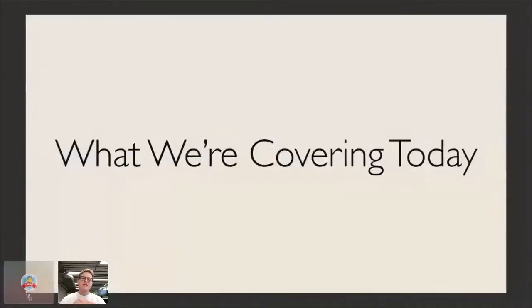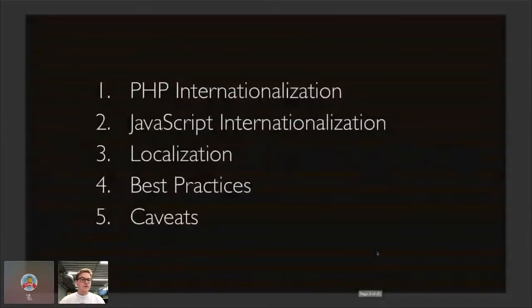So today we are covering a few things because internationalization is quite a huge area. First of all, we're covering the PHP internationalization side in WordPress. So like the basic things that you need to know when you create a plugin in WordPress.